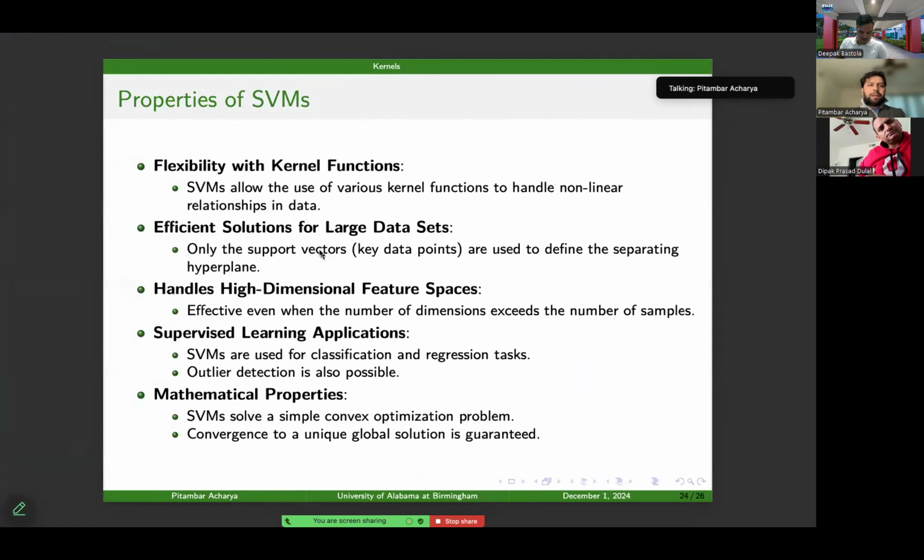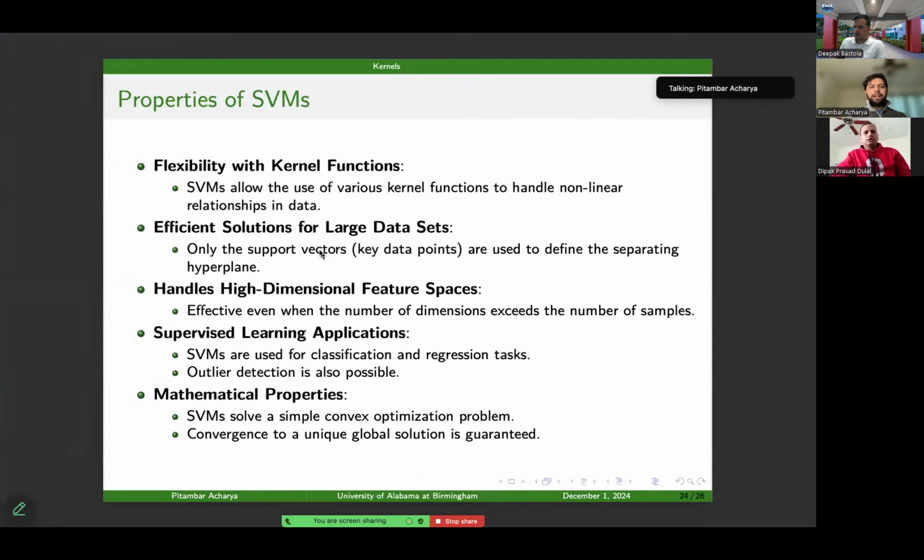So what are the properties of support vector machine? It has greater flexibility with kernel functions. Support vector machines allow the use of various kernel functions, and they are useful in handling nonlinear relationships in the data. Only the support vectors are used to define the separating hyperplane, so it is efficient in the case of large datasets.